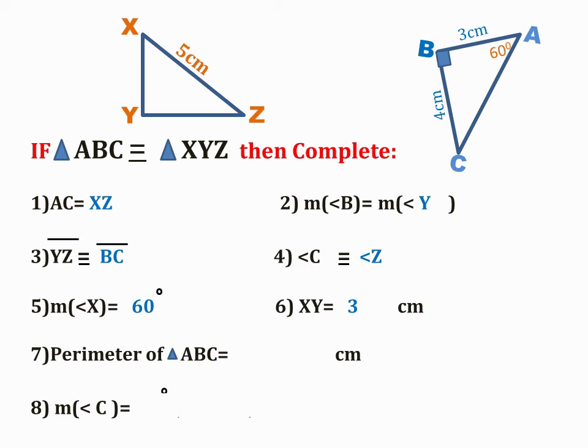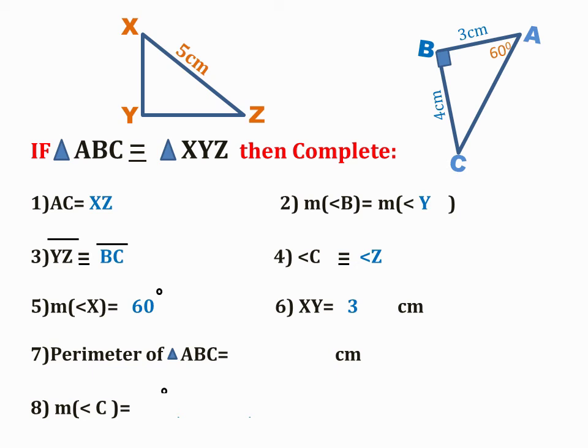To find the perimeter of triangle ABC, to find the perimeter of any figure actually, you have to add all the side lengths together to find the sum of the lengths of all sides. So I have to add the length of AB plus the length of BC, but I don't have the length of AC. So I have to find the corresponding side in the other triangle.